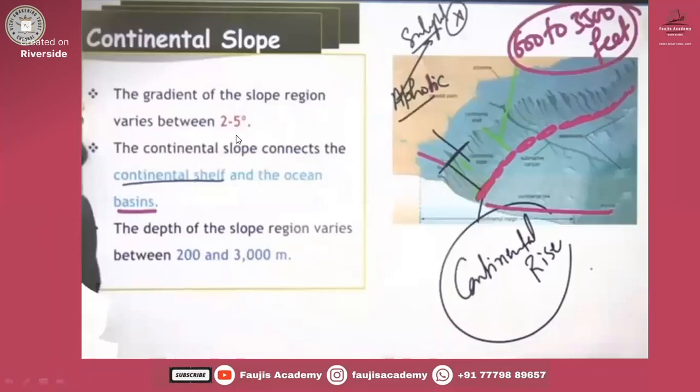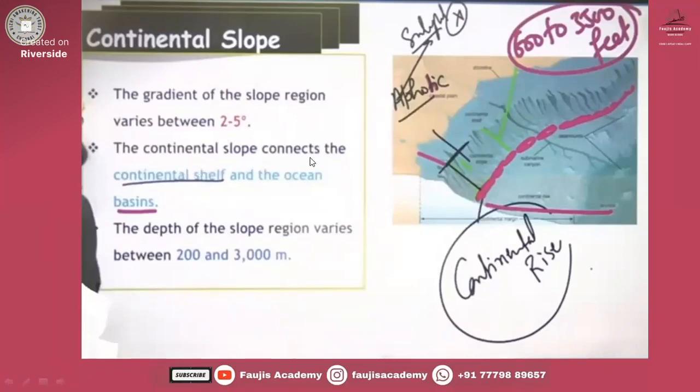Then the slope angle will vary between 2 to 5 degrees. In the shelf part we saw 1 to 3 degrees or less than 1 degree, and in the slope part it is a steep type of slope, with an angle of 2 to 5 degrees.